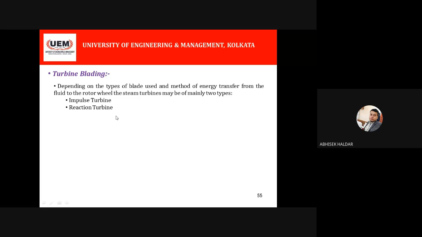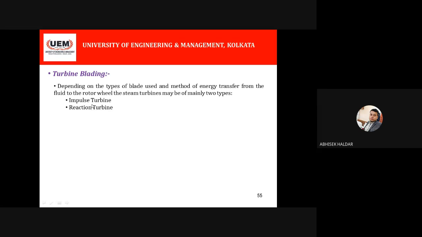And reaction means, from the name, there should be some reaction, right? When the term reaction comes, obviously Newton's third law is implemented. That means whatever the velocity with which it is hitting the blade, there will be some reaction in the opposite direction, which helps to rotate the turbine blades or the rotor wheel. But the question will arise: sir, will there be no impulsive effect in the reaction turbine?